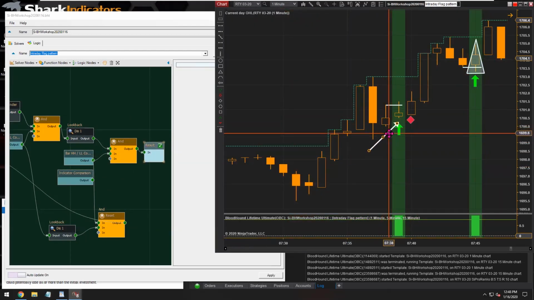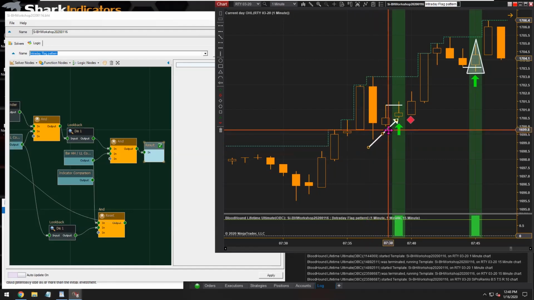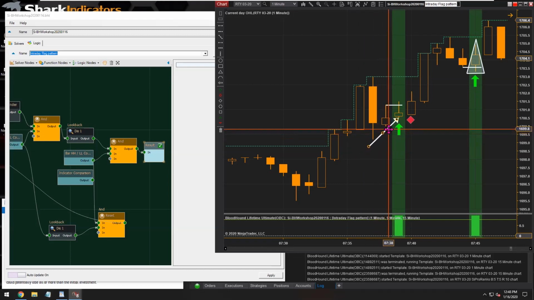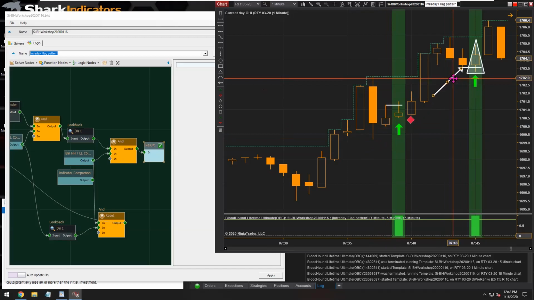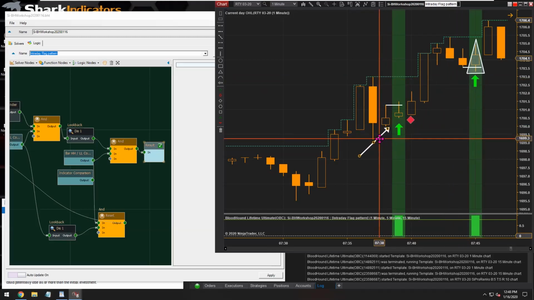So we know that this was a valid long signal, and it was a higher low. The lows need to go higher, but if the lows go lower, then that's wrong. The lows can go higher or they can be equal.